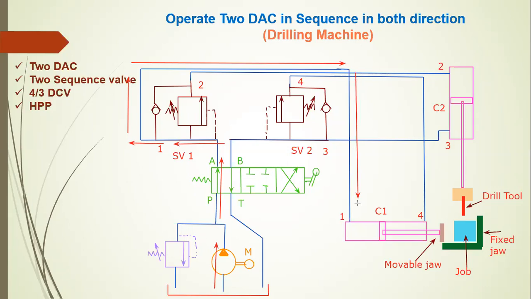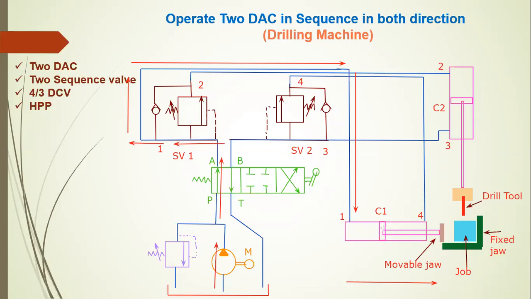to here. In this condition cylinder 1 operates in a right hand side direction and moves the job inside the workplace. This is the first condition or first position.